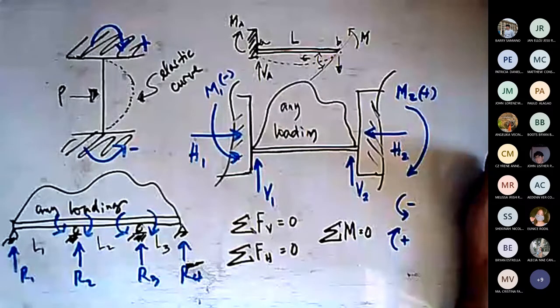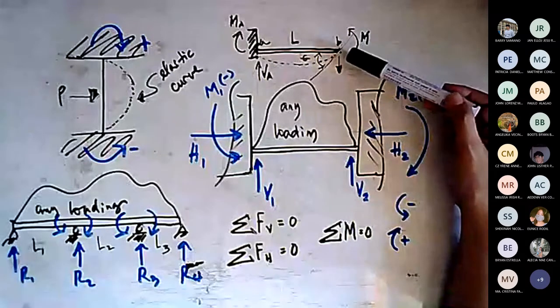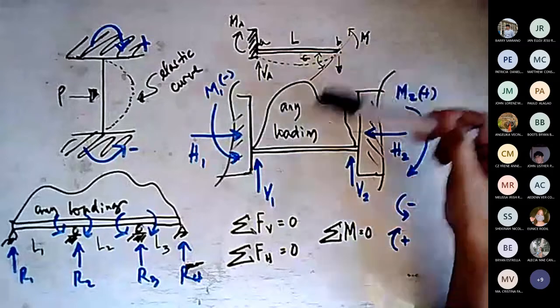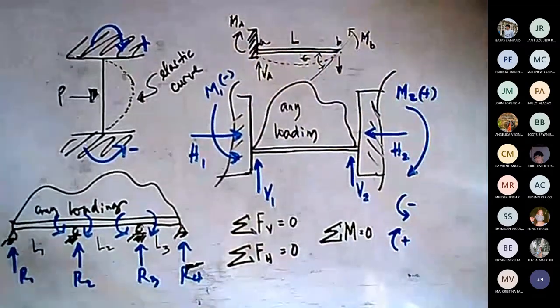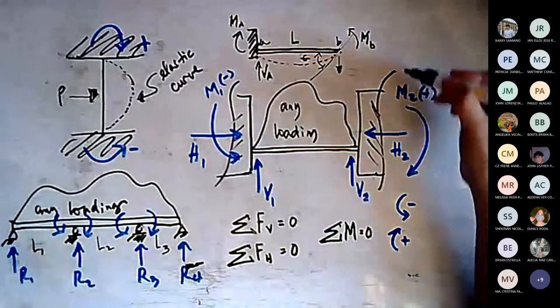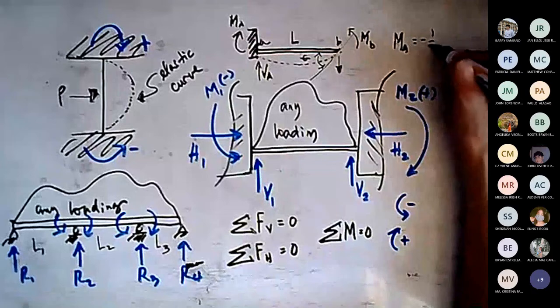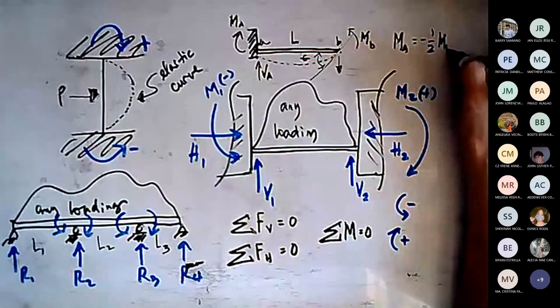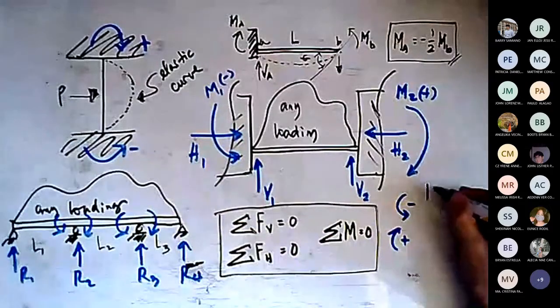And in the case of a cantilever beam, usually the moment at A is equal to 1/2 of the moment at B, 1/2 negative moment. So moment at A is equal to negative 1/2 moment at B. Okay? You have the beam stiffness, K.